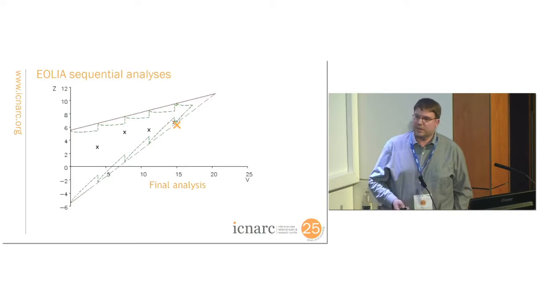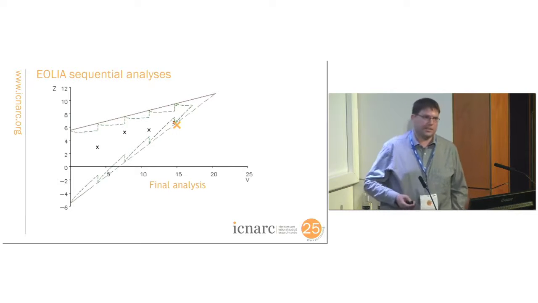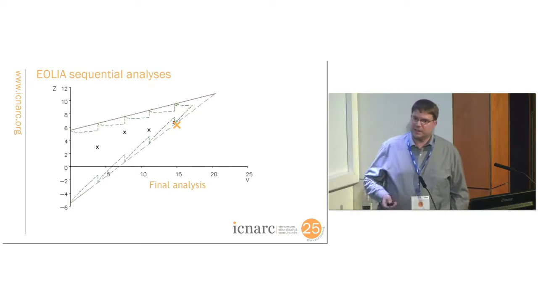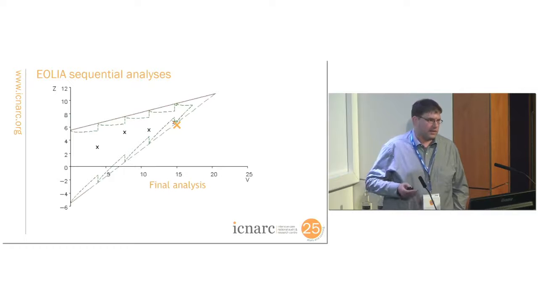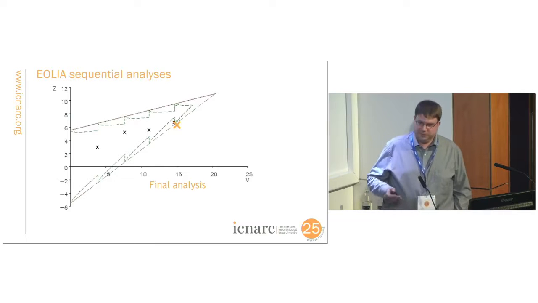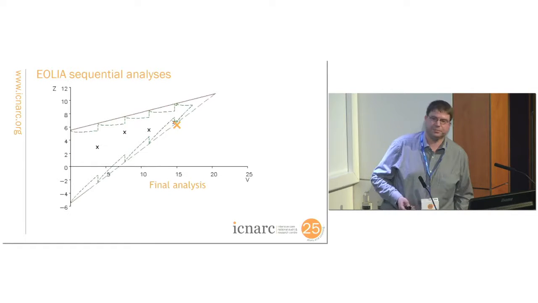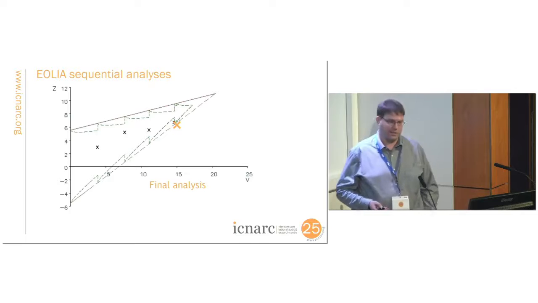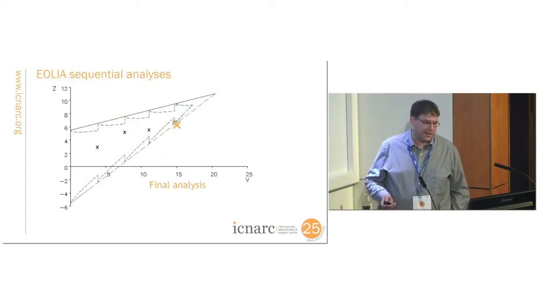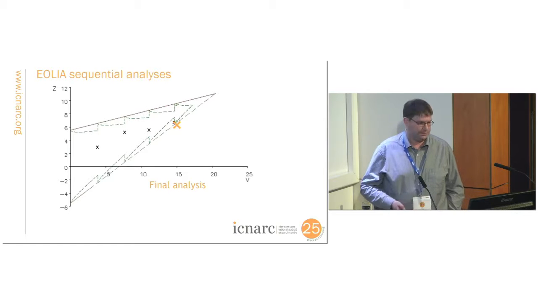Inevitably, because of these sequential analyses, they're continuing to recruit patients, continuing to follow up patients once the analysis is done. So even when you decide you're going to stop the trial, there'll always be a few more patients after that, which can then slightly change conclusions, although in this case, that final analysis also still fell in that futility area of the plot.